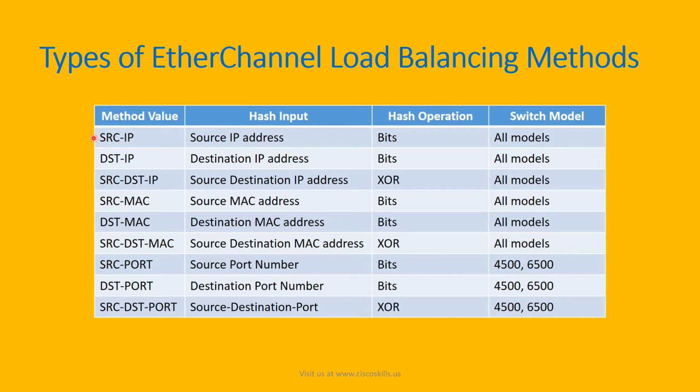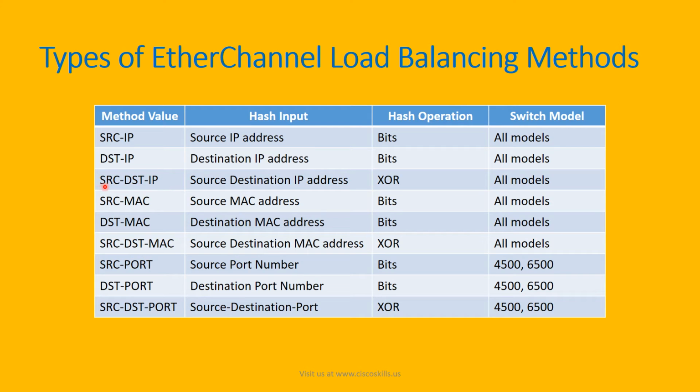If it is 0, it's going to select link number 1, but if it's 7, it's going to select link number 7 to forward the traffic. Same thing for the destination IP address. But what about the source and destination IP address?